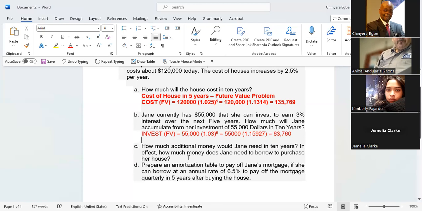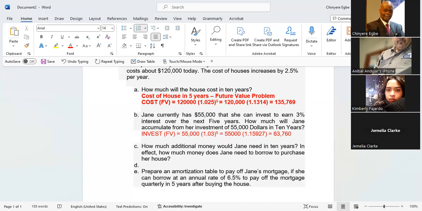The need was 135,769 minus 63,760, which will give you how much money? 72,009.